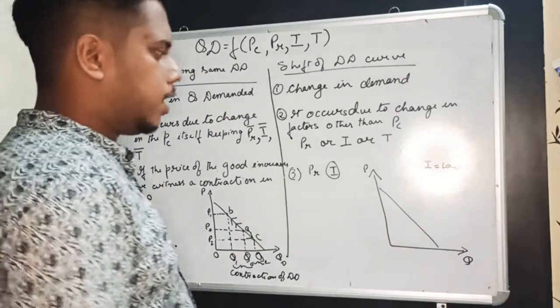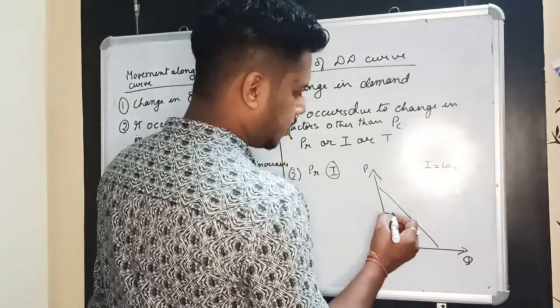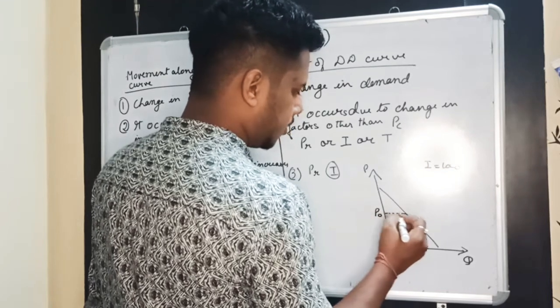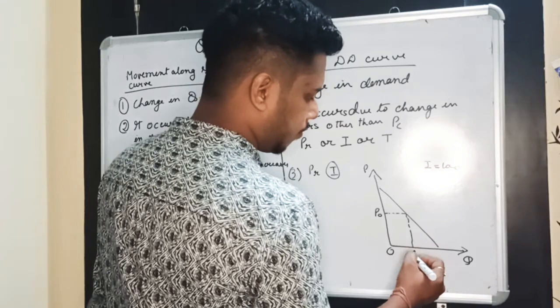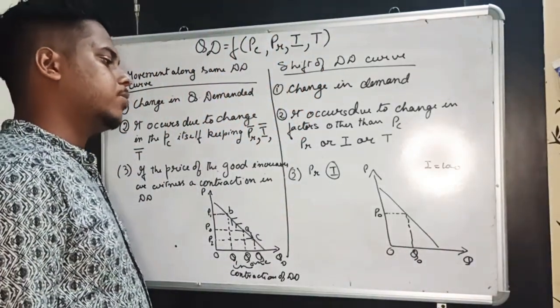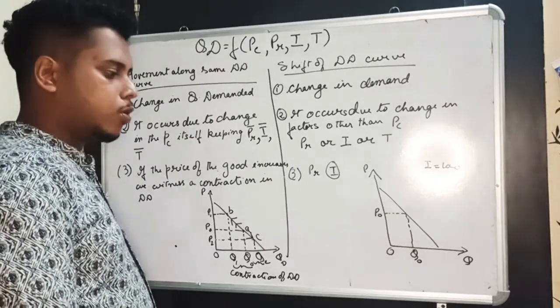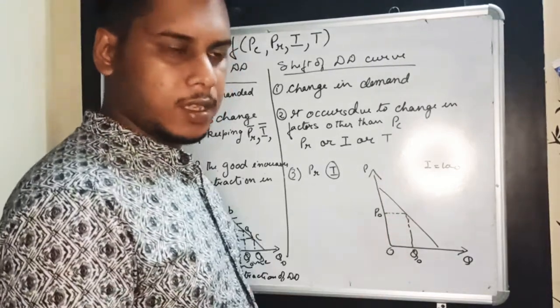So at the income level of 100 rupees, when price was P0, this person was purchasing a quantity of Q0. Okay, he was purchasing a quantity equal to OQ0 when his income level was 100.